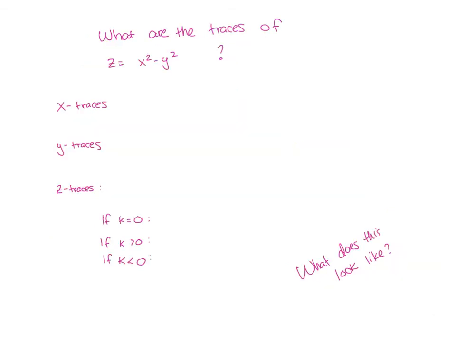Okay, so let's do one more example where we use traces to help us visualize these shapes. So we'll do again our x traces. So x is equal to a constant. I get z is equal to a constant squared minus y squared. So that's going to be a downward parabola.